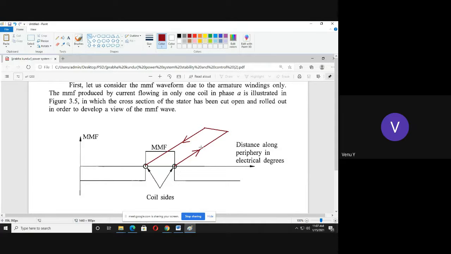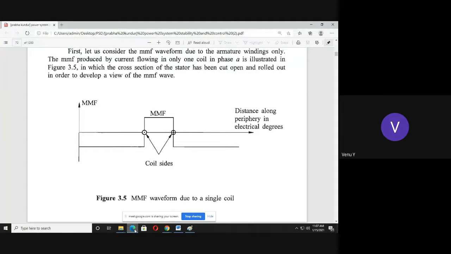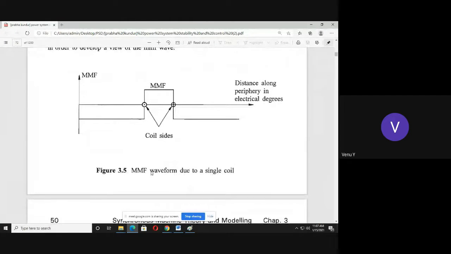Here is dot and here it is cross. A single rectangular loop, and here it continues like this, the negative side, and again the positive side, and so on. It is a rectangular shape. This is the MMF wave of a single conductor.